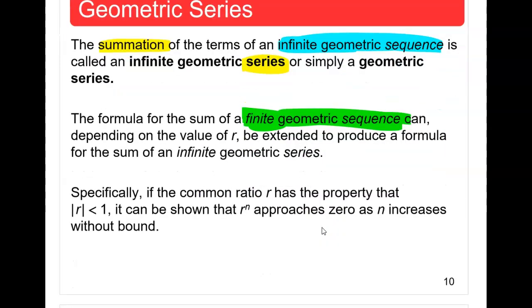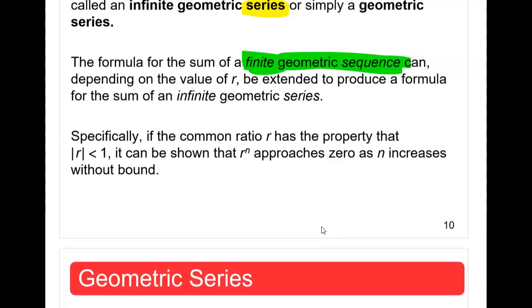So I don't know if you recall this, but I told you from the beginning that only some of the infinite geometric sequences could be added. Some of those cannot.